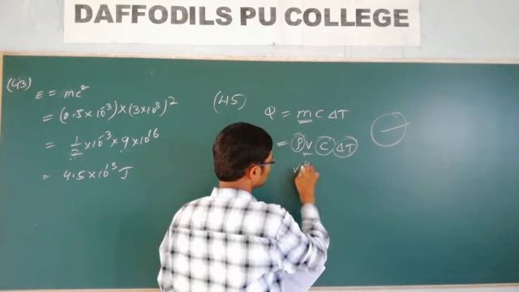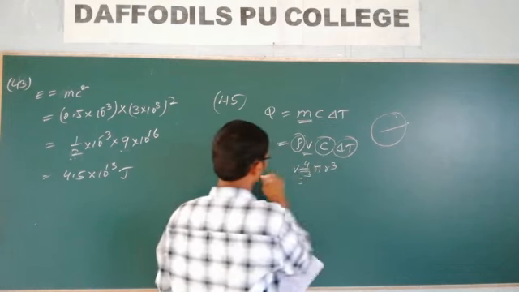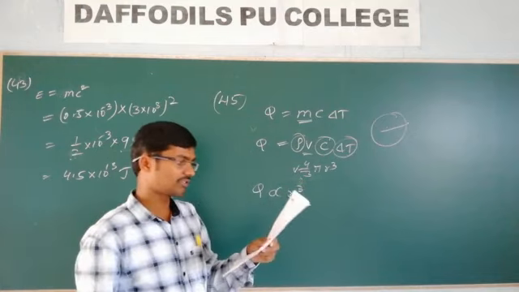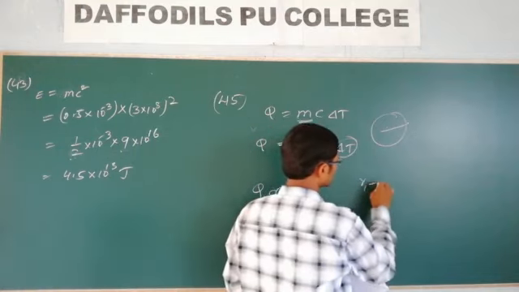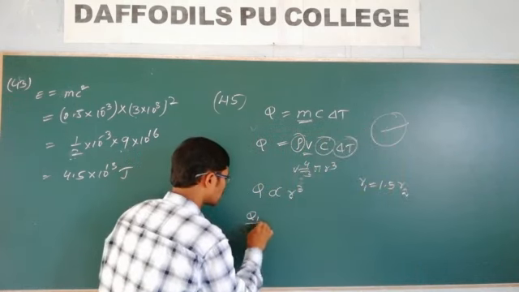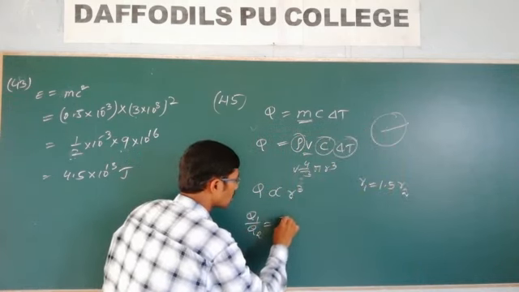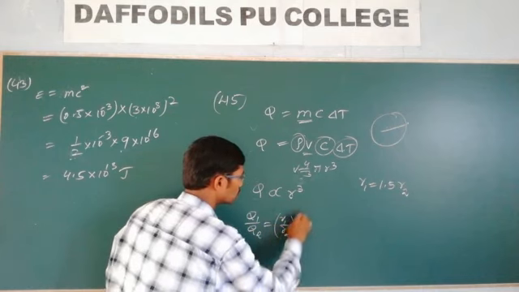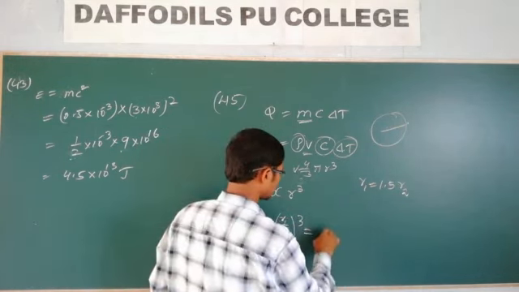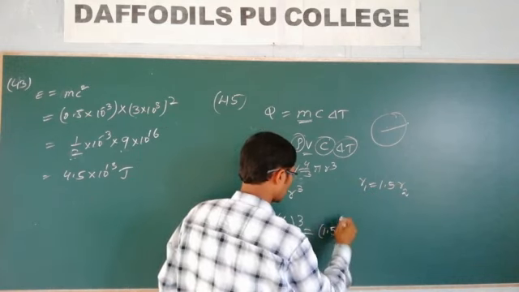Remember, density is the same, specific heat capacity is the same, and for both the temperature rise is 1 Kelvin. But what about volume of a sphere? 4 by 3 pi r cube. Then Q is directly proportional to R cube.